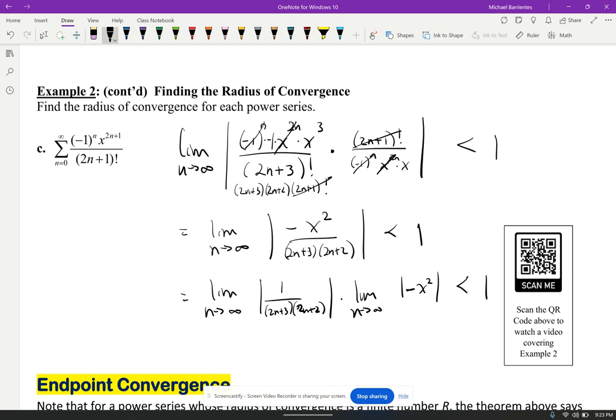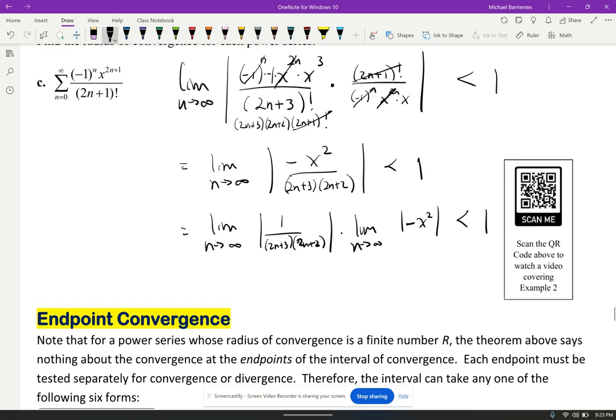And I want to see when that's less than 1. But the limit of this, as n approaches infinity, this fraction will go to 0. So this whole limit becomes 0 times this limit, which is really just the absolute value of negative x squared, is really going to just become 0.